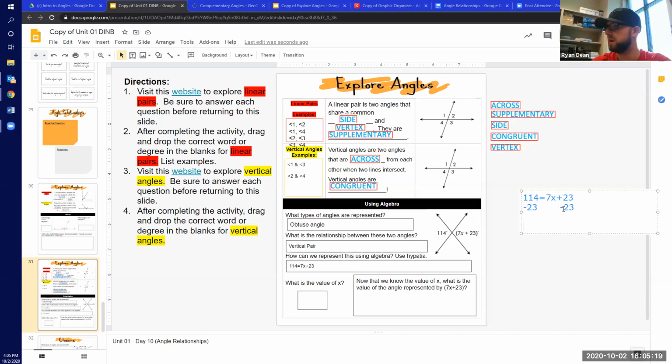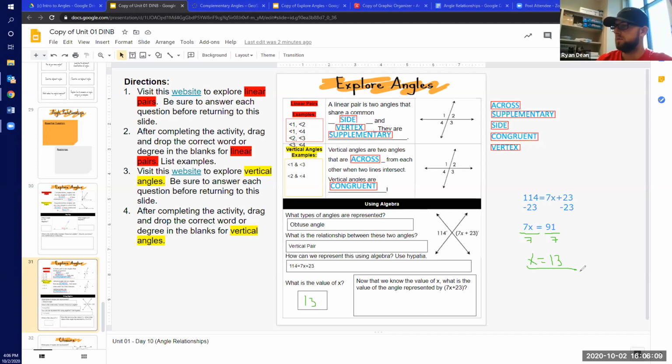That gives me 7x is equal to 114 minus 23, which is 91. Then I divide by 7 on both sides, and what I end up with is x is equal to 13. All right, so the value of x is 13.